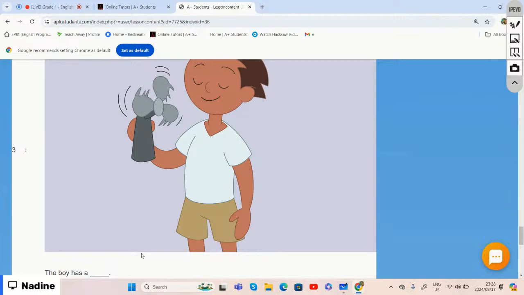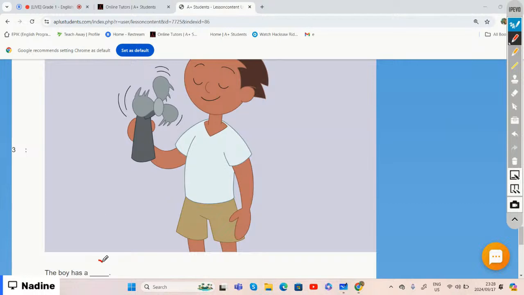And if we look at the picture, the thing that the boy has in his hand to cool himself down, you can say the boy has a fan. And that fan in his hand is to cool himself down. It is very hot. And that fan, we call that a thing. So it is a thing.